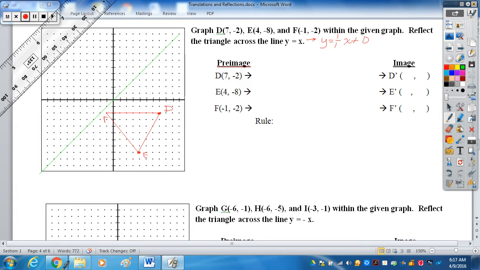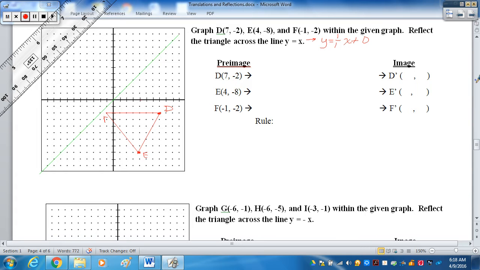And so how do I graph this reflection? Well, remember what we talked about back in key term number 6, that statement there. It has to be a perpendicular distance and then equal distance on both sides. So if you remember back, I don't know if it's chapter 3 or chapter 4, if your slope is 1 over 1, what's the perpendicular slope?